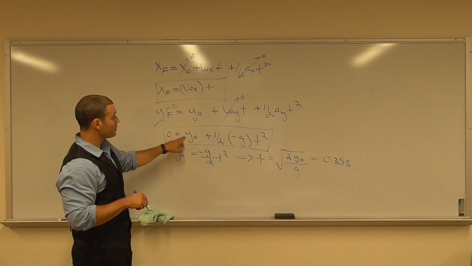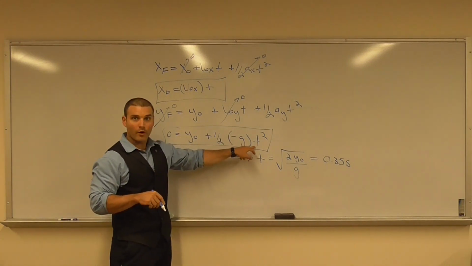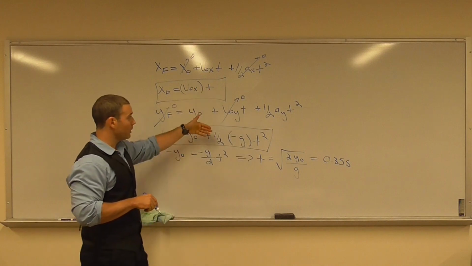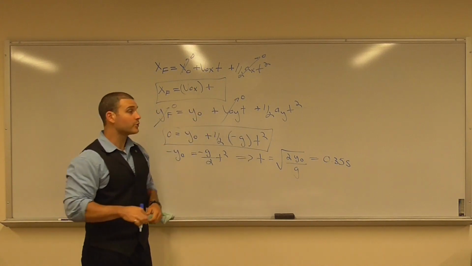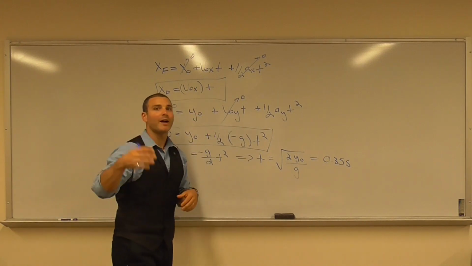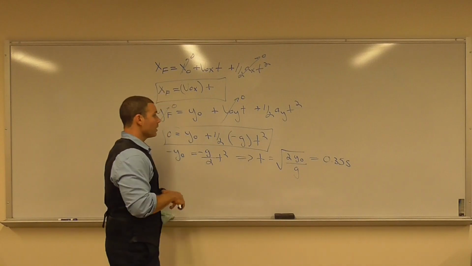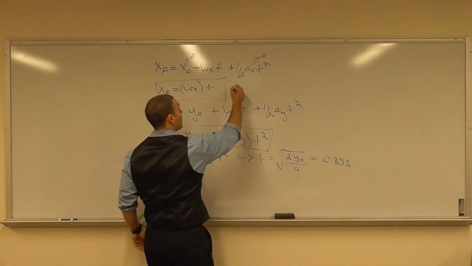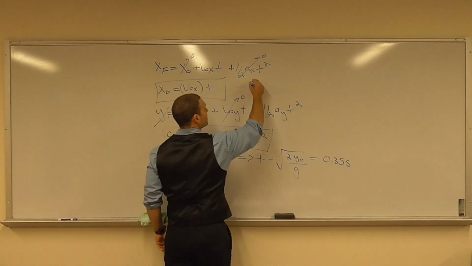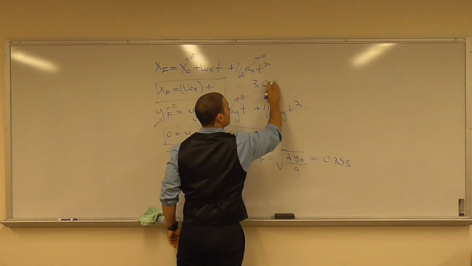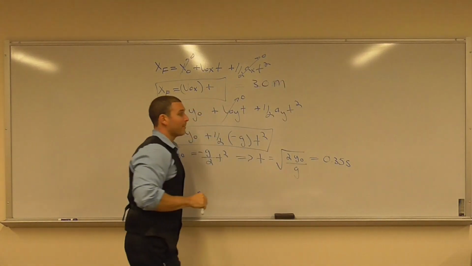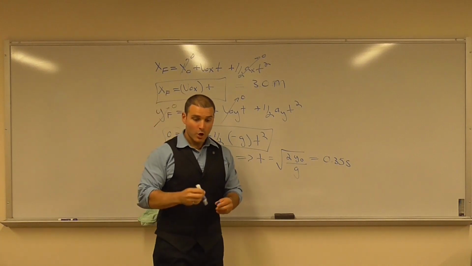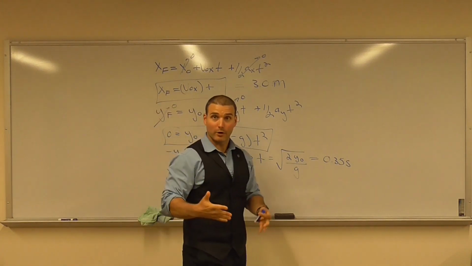And then when I look at this expression, I just have the same one unknown. So actually, I have two equations and two unknowns, so I know I have enough information to solve, even if I mess up the algebra. Plug that back in, and it turns out that when I do this, I think I get 3.0 meters if my math is right. Okay? So come and chat with me if that's not clear.